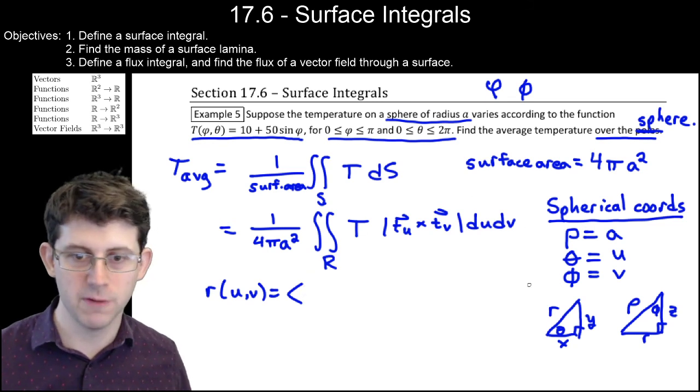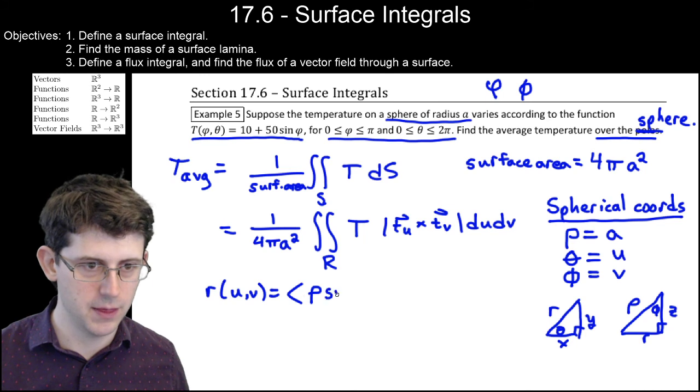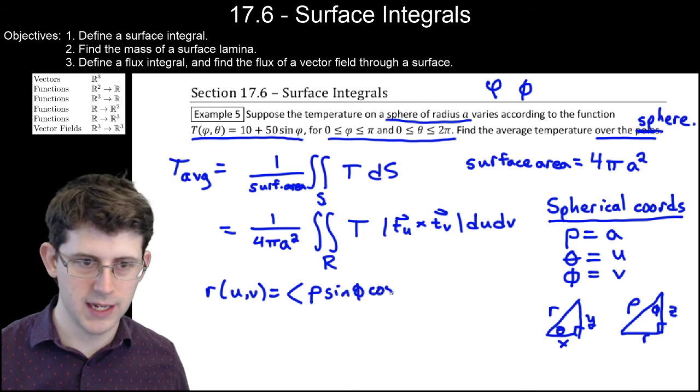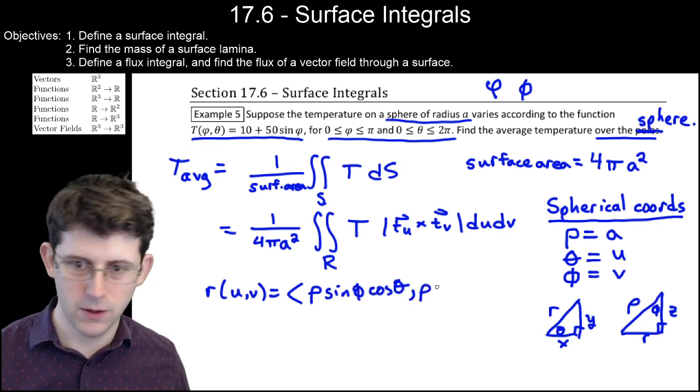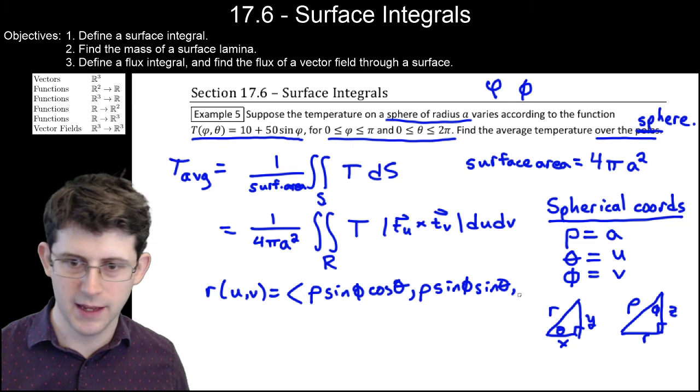I'll just write it in rho, phi and theta first. So it's rho sine phi cosine theta, rho sine phi sine theta, and then rho cosine phi.